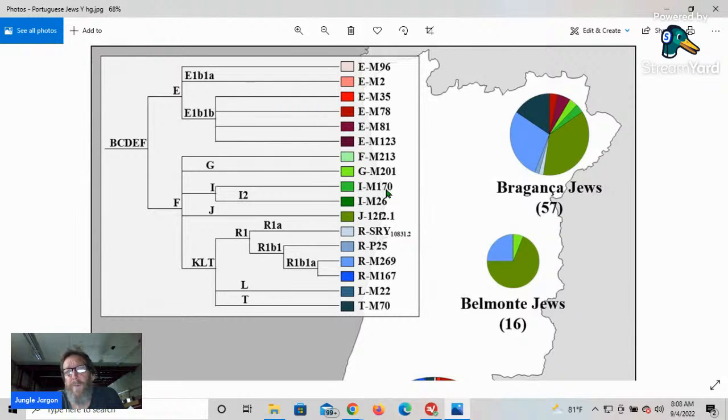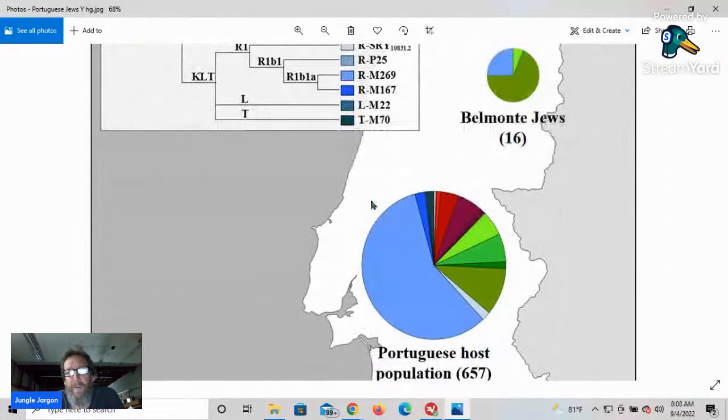The IM170, which is the I1, is this green, and this other light green is the Assyrian population that is often in the Jewish population to begin with, but it's in the host population as well.